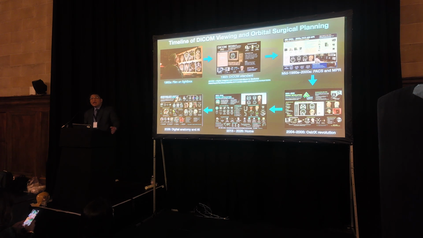For the timeline of CT scan or imaging, it started in 1980. After that, they developed the DICOM system, and after that, the PACS system and multi-planar reconstruction. I'm a Mac user, and there is an application named Osiris, which was then developed into Horos. You can download it for free.